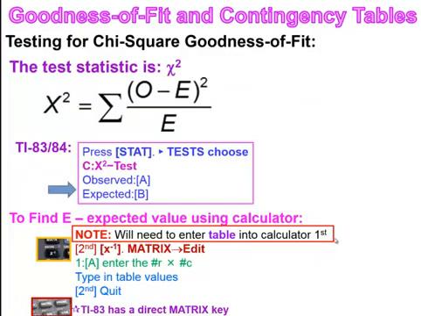To find the test statistic for the chi-square goodness of fit when we're working with contingency tables, first you're going to need to find the expected values. Now we're going to be using the calculators to do the expected values versus doing it manually. And in order to find the expected values in the calculator, we're going to need to use our matrix function.